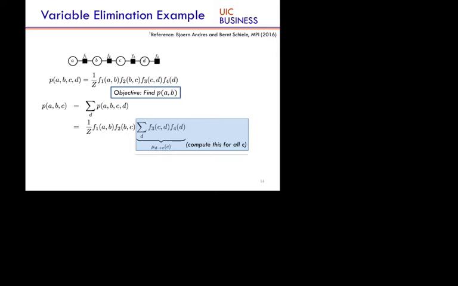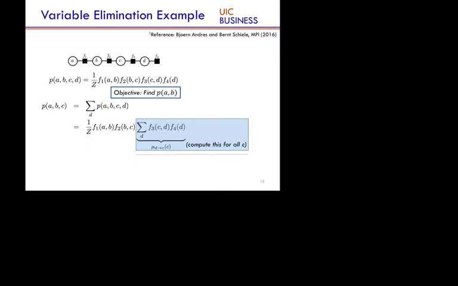So let's say you pick variable ordering, let's say d. Then you can push that summation inside because of these factors and compute this for all c and define that as a function, which is a function of c. Okay, so when you do this, you're actually eliminating the variables, and that's why it's called variable elimination. Why did we choose d? That's an arbitrary choice. If we had chosen, let's say, c, maybe we would have gotten some other function, which would be new c to d of d, right?